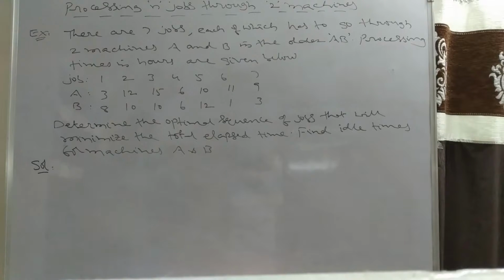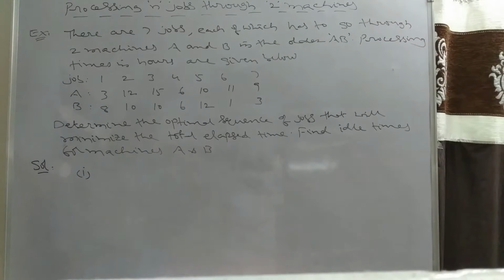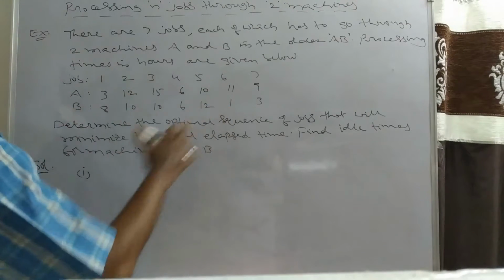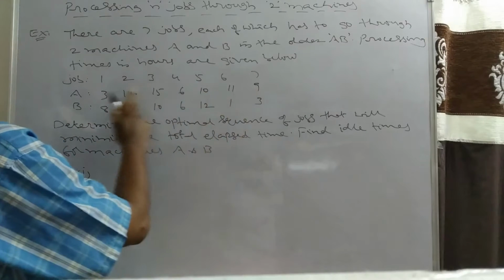To solve this problem, we use Johnson's algorithm for processing n jobs through two machines. So what is the procedure? First step: identify the smallest processing time among machine A and machine B in the entire table. What is the smallest processing time in the entire table?